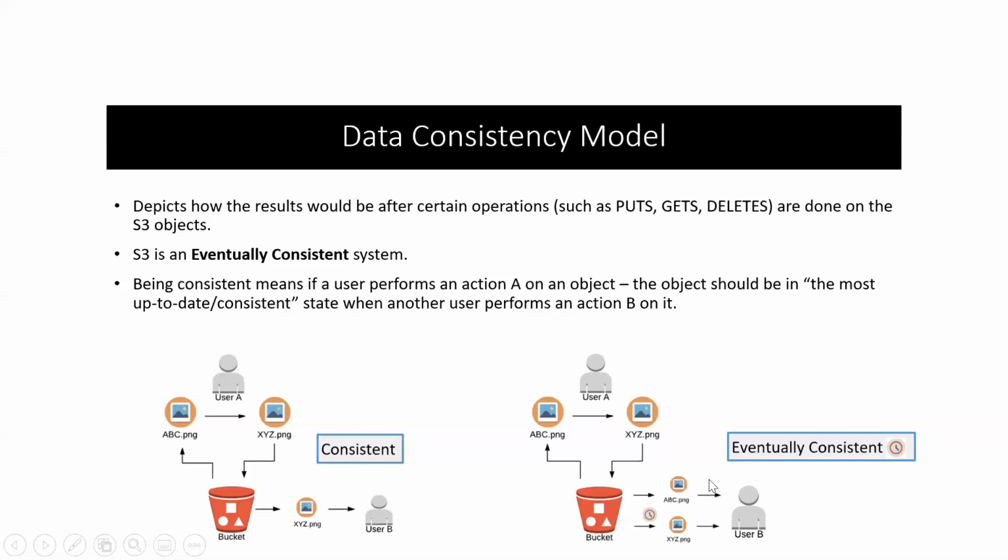Even if he refreshes, he might see the same, because it might take some time for S3 to reflect those properties changed for this particular object xyz.png. That's why it is eventually consistent.